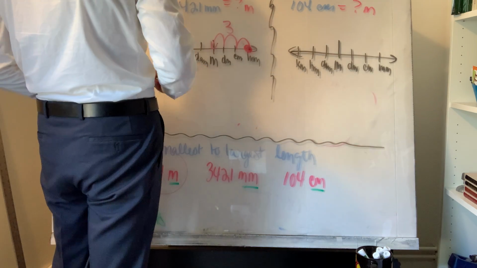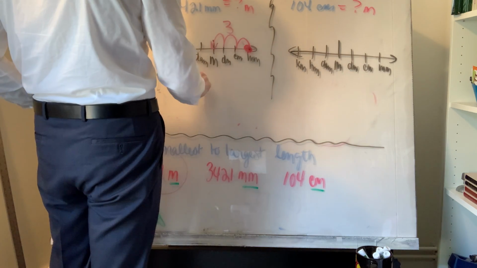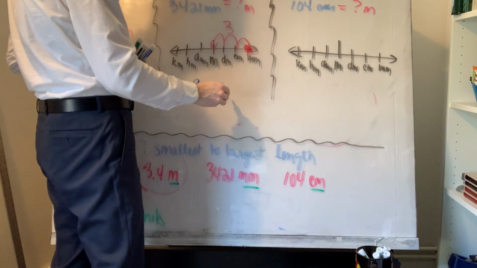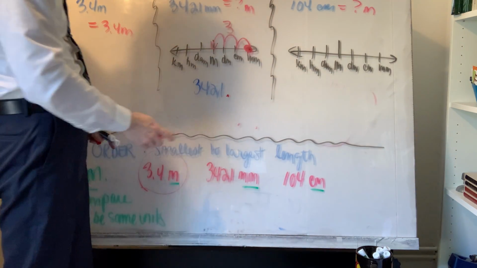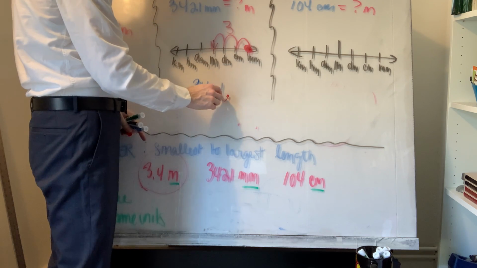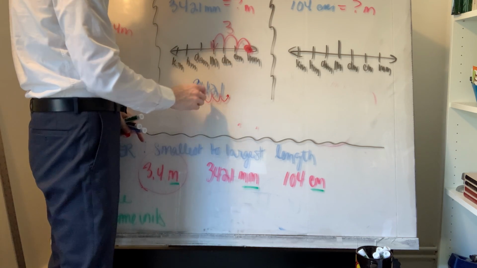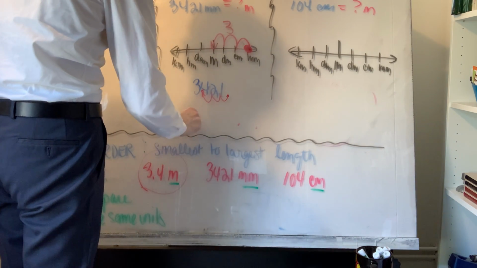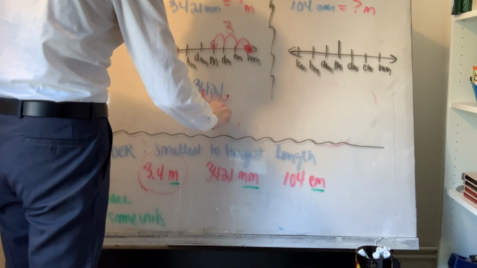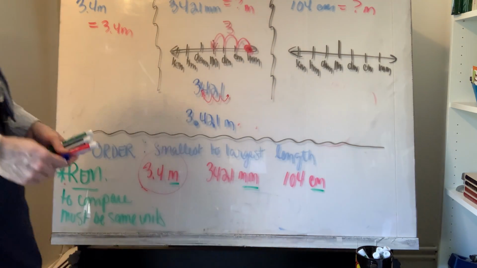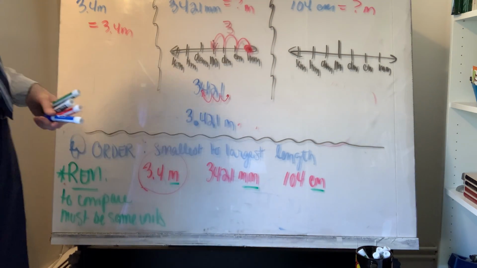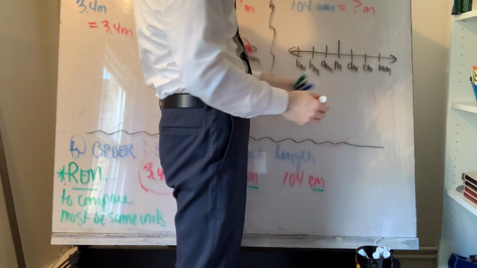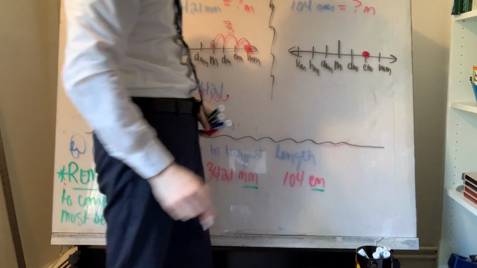And we would take the number 3421, decimal there to start with, and make 3 decimal moves here. Jumps 1, 2, 3. Which would make this 3.421 meters. 104 centimeters, a little bit further over, would start here.